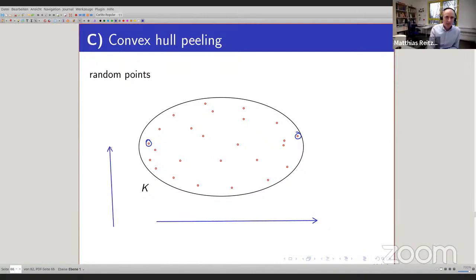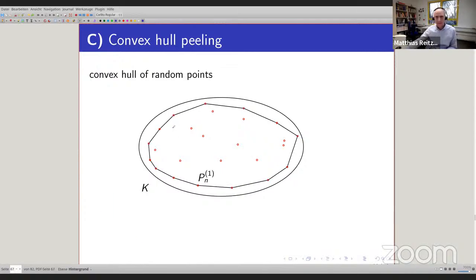If you look in this direction, then the extreme points are maybe this point here and this point here. And now if you think about extreme points in higher dimensions, what you would do is you collect all the directions here and look for all extreme points in all directions. And for this direction, maybe it's this point, and for this direction, it's maybe this point. And you see, these are the extreme points for some of the directions.